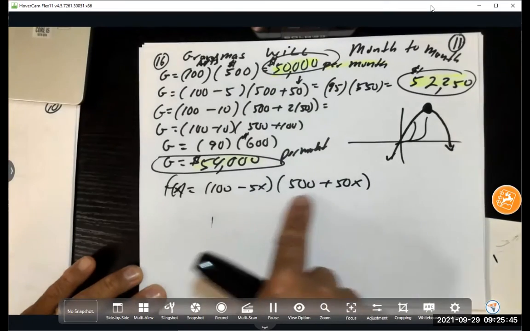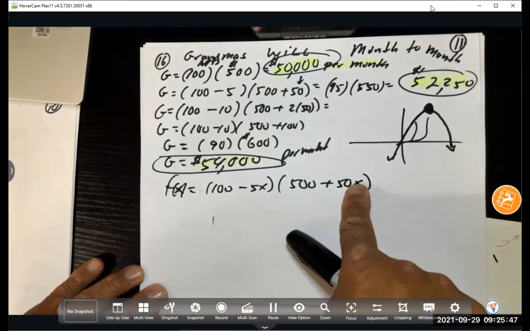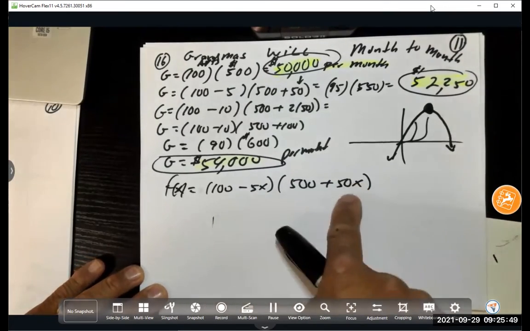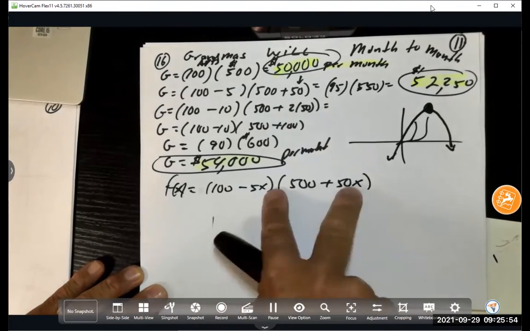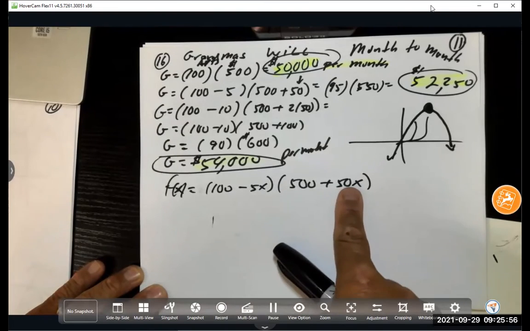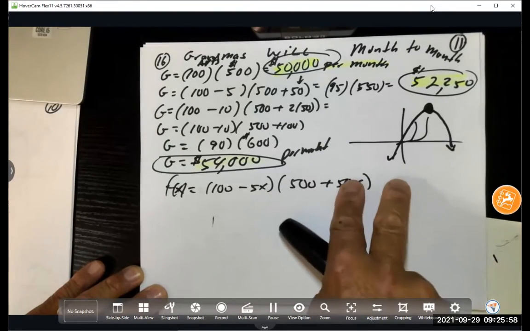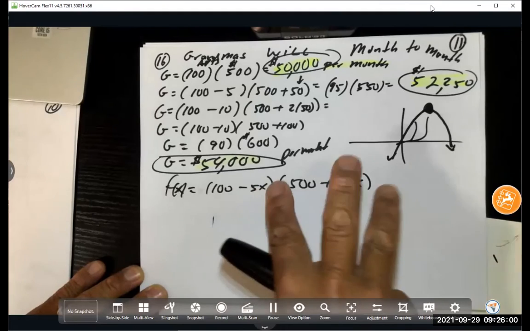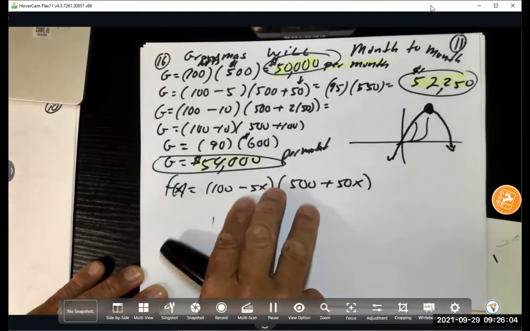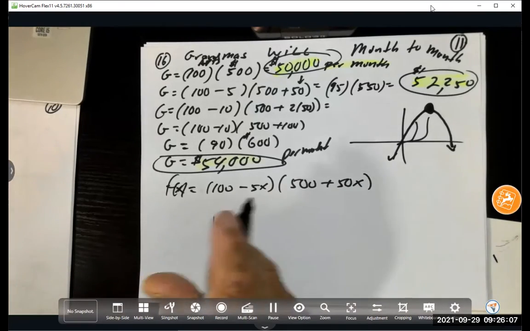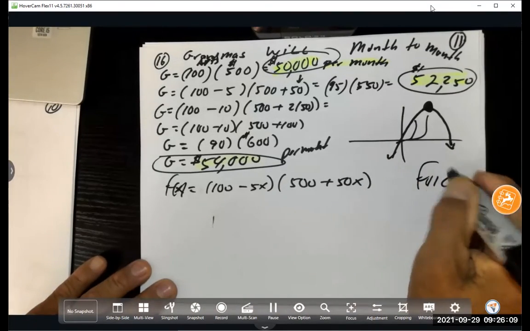Every time I tell them to give me more money, more people leave. Does that make sense? If one $50 bill, 5 people leave. If two $50 bills, 10 people leave. If 3 $50 bills in there, then 15 people are gonna leave on me. Does that make sense? So I'm gonna FOIL this thing out.